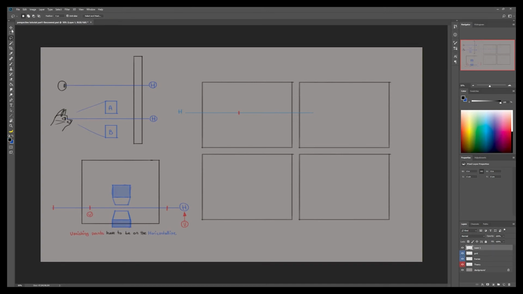Okay, now that we know the basics, let's start a 1-point perspective. So I have a pretty low horizontal line, which means that the spectator is probably sitting or kneeling.